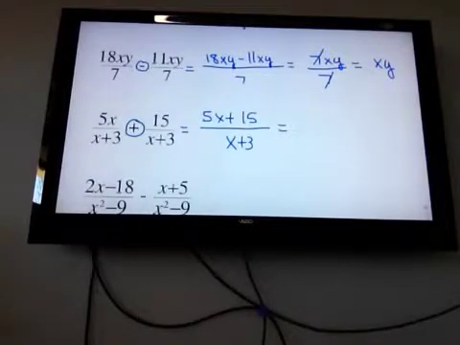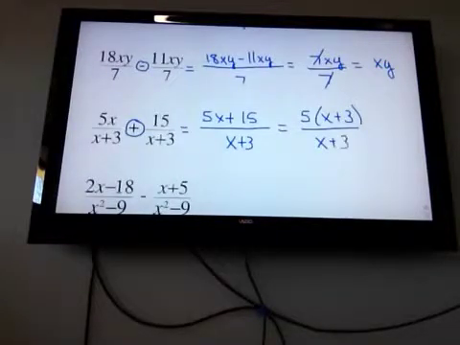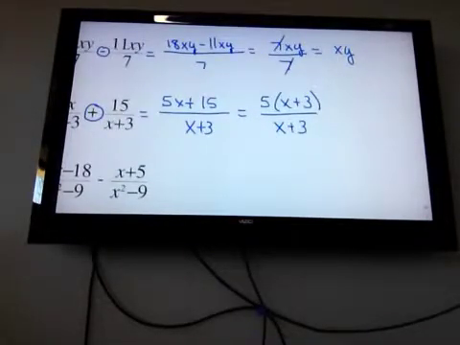Yes, I can take out a common factor of 5. So this is where it starts becoming just like the assessment you just took. The problems grow, they get bigger. So yes, I can factor. I can take out that common factor of 5 and then reduce. Yep, I've got groups that look alike, and I'm left with just my 5.